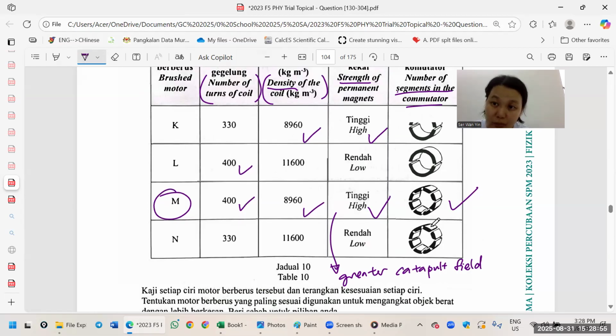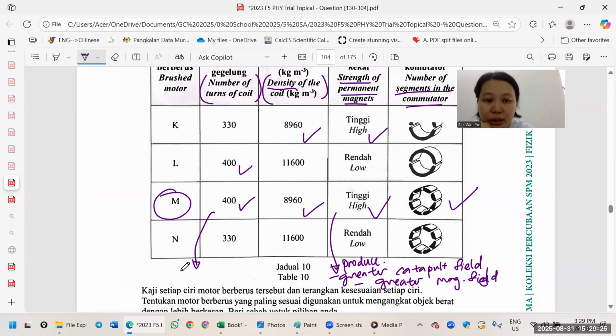Remember what is a catapult field? It's the resultant magnetic field from the magnetic field that the permanent magnet produces. You can say the strength of the permanent magnet produces a greater catapult field. You can say it will have a greater magnetic field. Field means there is a force inside. Number of turns of coil, more current flows.